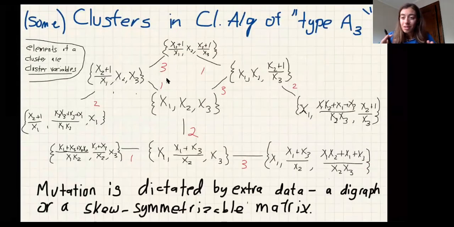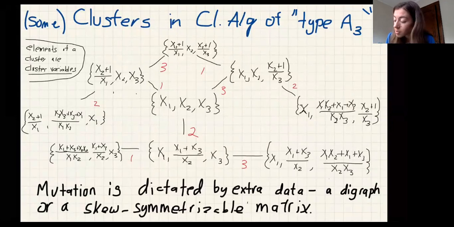So without giving you all the definitions, here are some clusters for a cluster algebra of type A3. These are all rational functions, but with just one term in the denominator. These are called cluster variables, the individual elements, like x2 plus 1 over x3, that's a cluster variable.